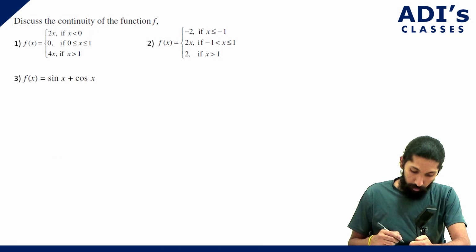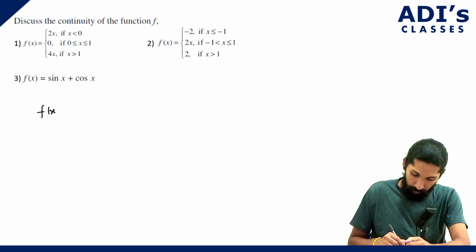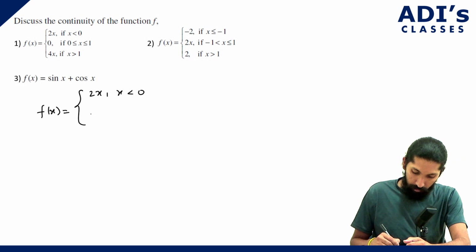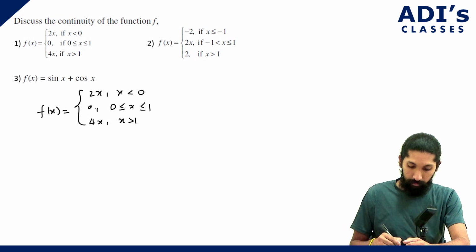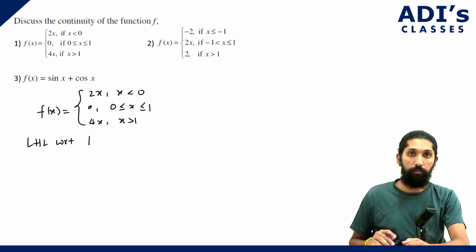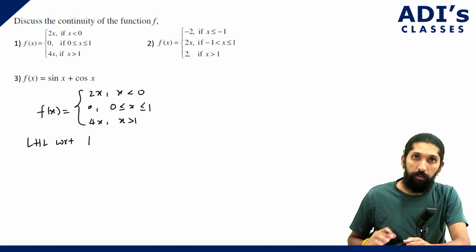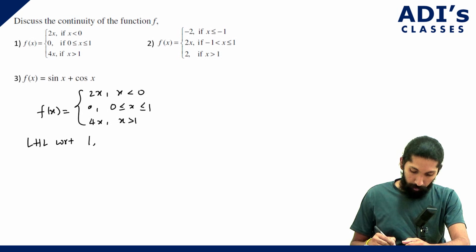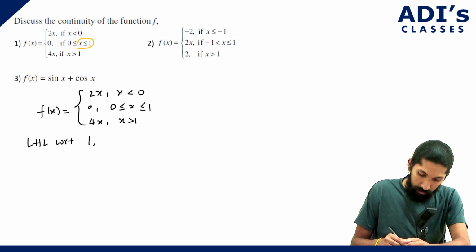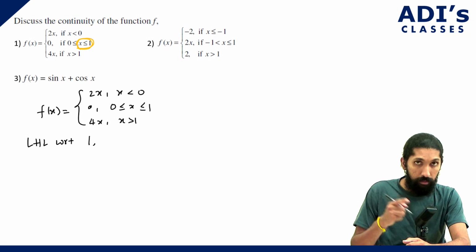Again, if you take the function f of x, 2x, x is less than 0, 0 when x is between 0 to 1, 4x when x is greater than 1, isn't it? Now again, we'll do LHL. LHL with respect to 1, not with respect to 0 anymore, because the 0 part is done. When you have LHL with respect to 1, we have to take this particular condition.